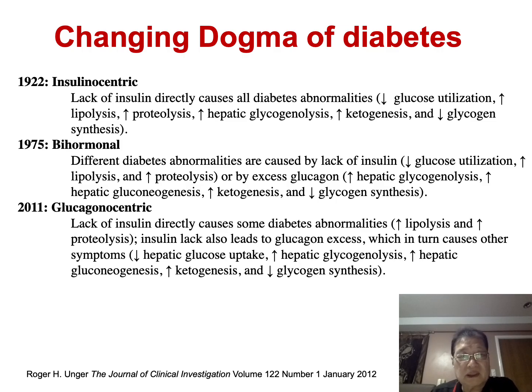In 2011, there was more emphasis on glucagon, and the premise is that lack of insulin directly causes some diabetes abnormalities, and insulin lack also leads to glucagon excess, which in turn causes other symptoms. So the so-called glucagonocentric view puts more emphasis now on glucagon.